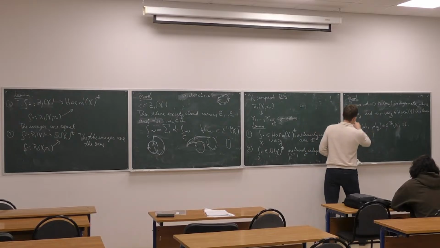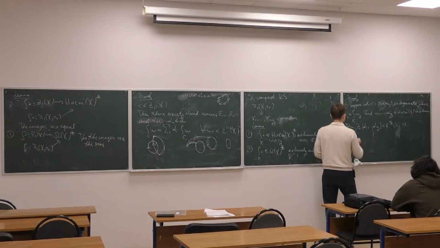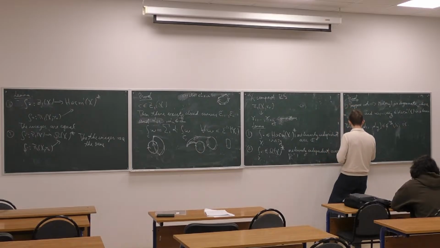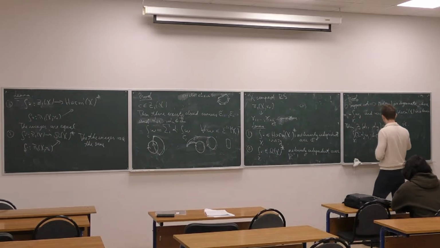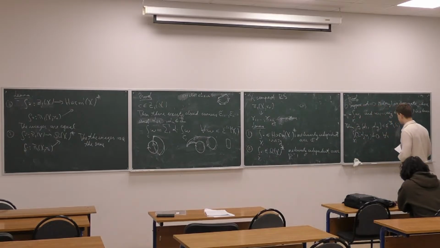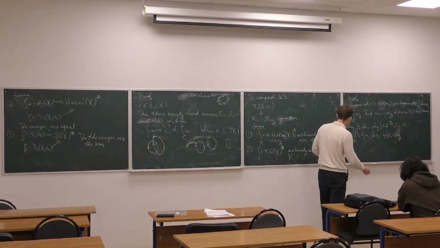It means that there exists a linear combination of omegas such that the integral over any loop is zero, such that the integral over gamma I of the sum is zero for any I between 1 and 2g.